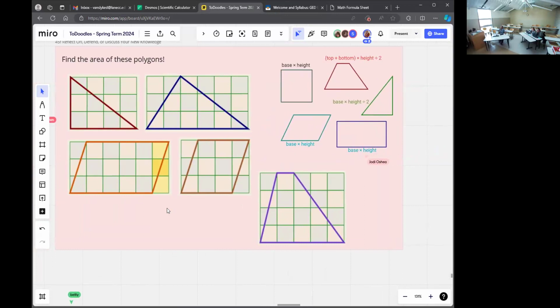Cool. So here are all of the formulas. Let's review them one last time. A square is base times height, and the same with a rectangle. The triangle is half of that, because if I started with a rectangle, I can cut it in two, and the triangle is half of that.